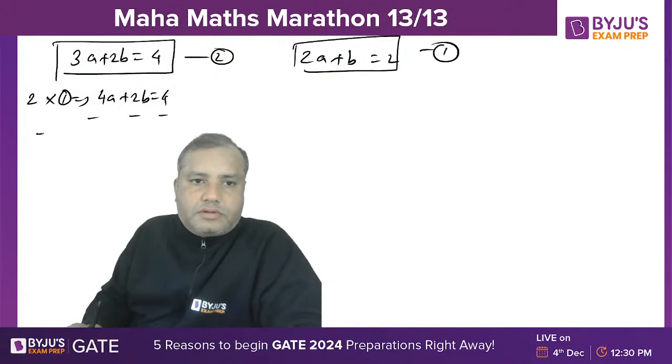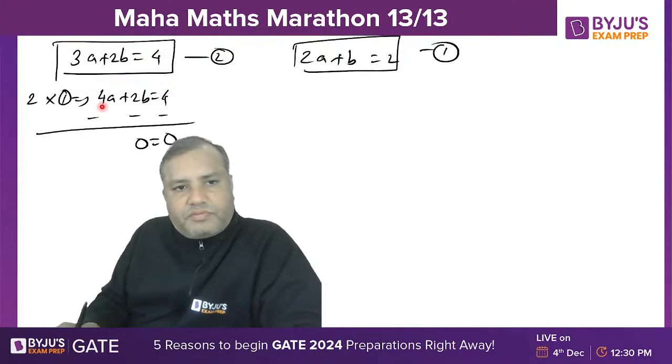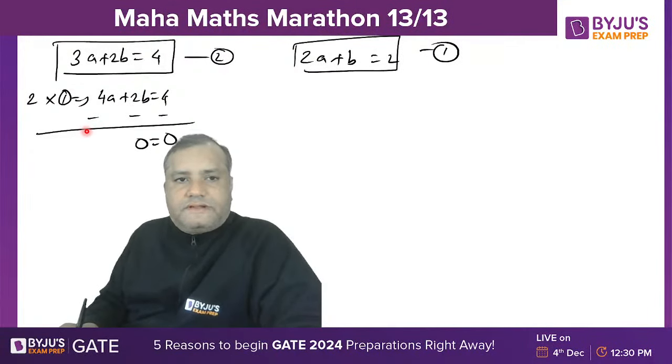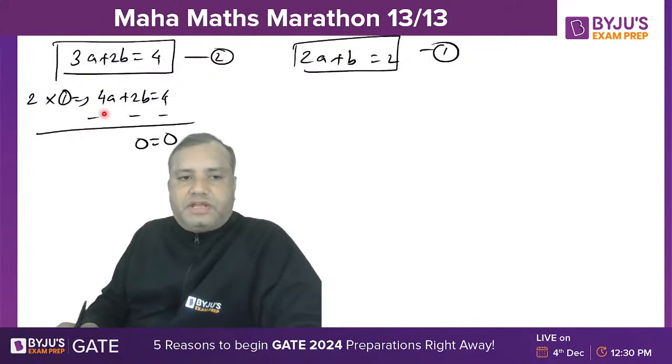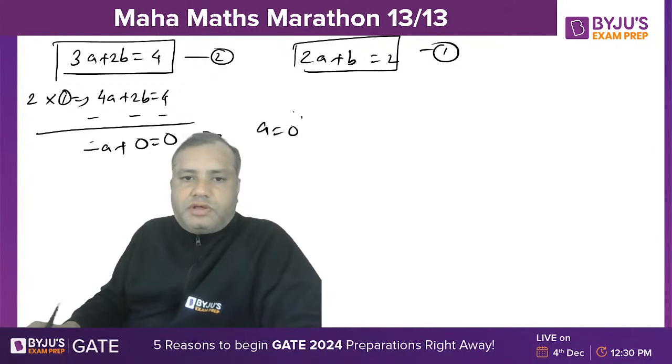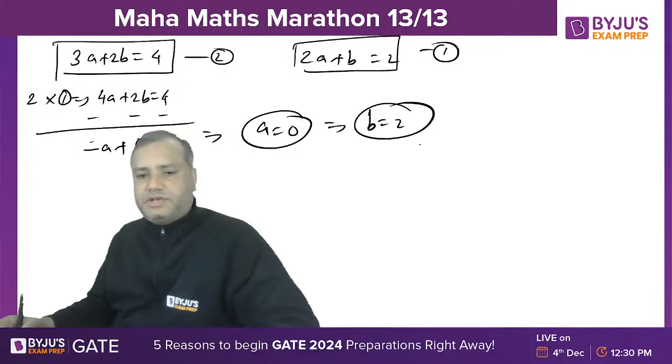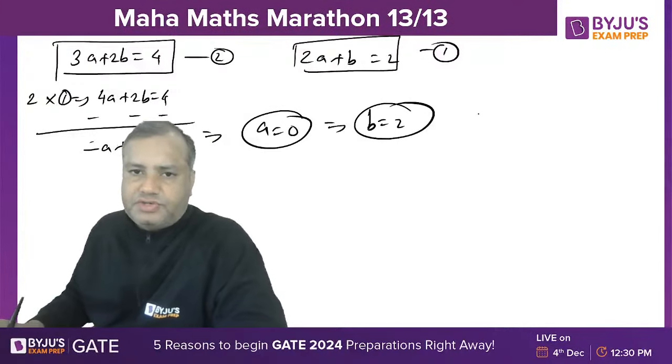Subtract. 4 and 4 cancelled, 0. 2b cancelled, 0. And 3a minus 4a is minus a. So a is 0. If a is 0, then b will be 2. If a is 0, b is 2.